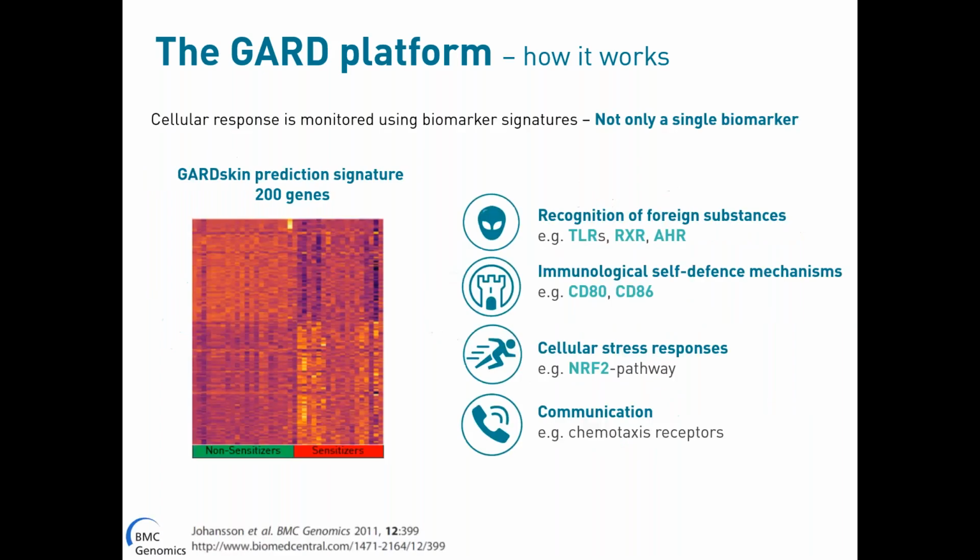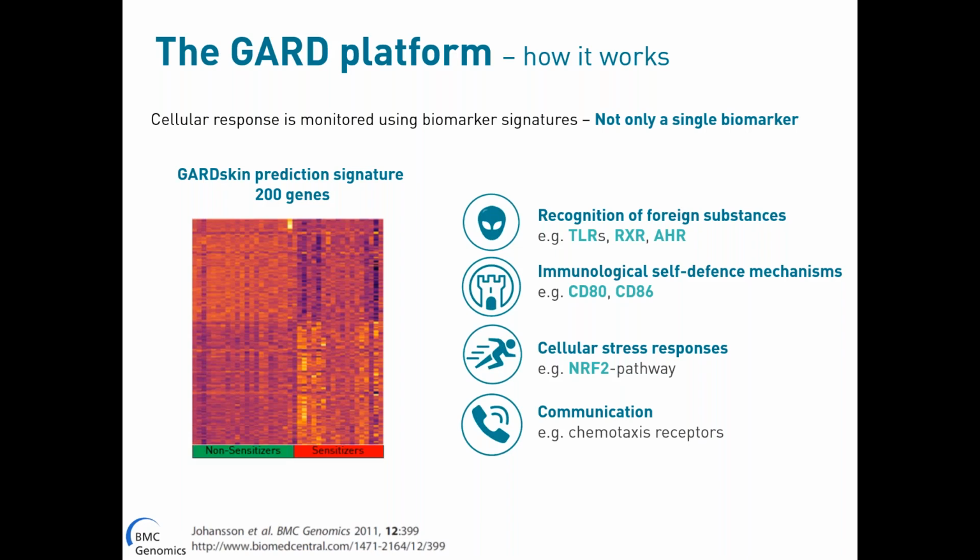In the GARD assay, we use a completely different strategy, because instead of looking at the regulation of only one or two biomarkers, we instead measure many different biomarkers in what we call a biomarker signature.